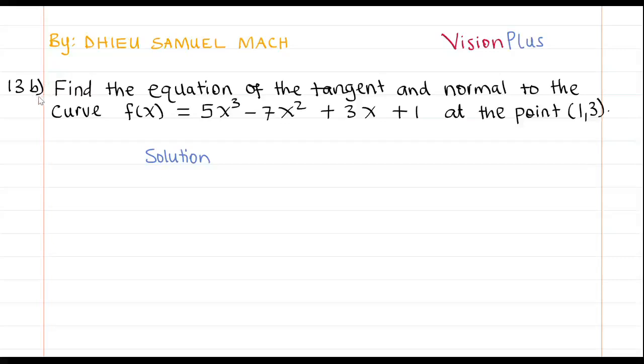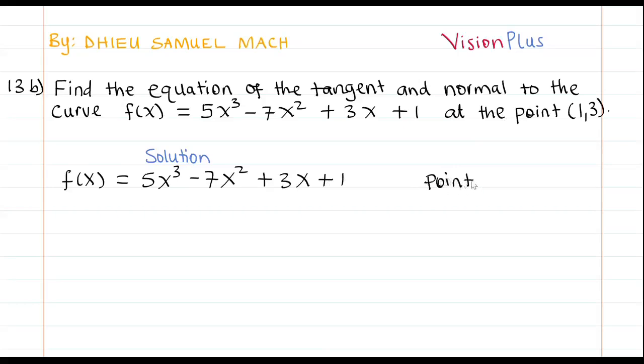And then 13b: find the equation of the tangent and the normal to the curve given by f of x equals 5x cubed minus 7x squared plus 3x plus 1 at the point (1, 3).